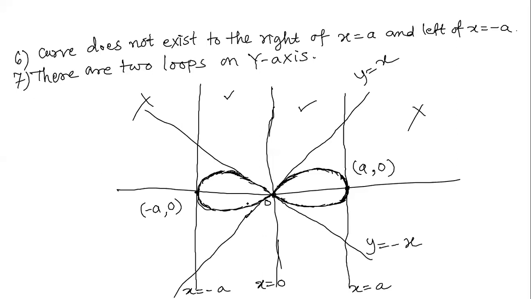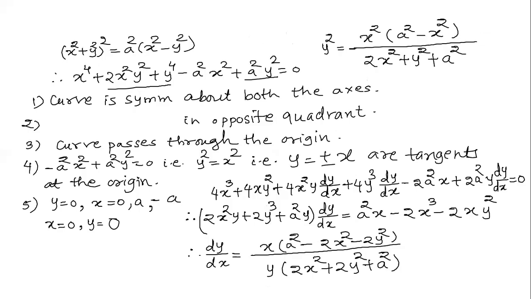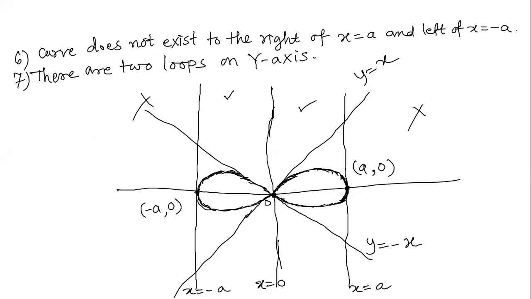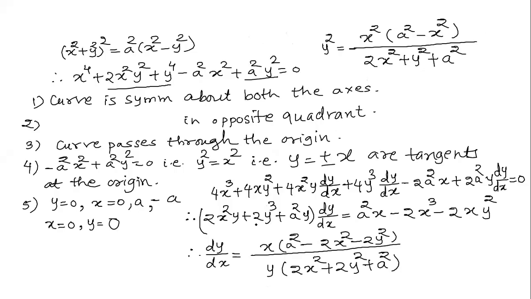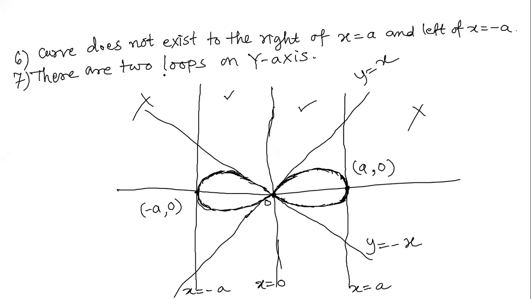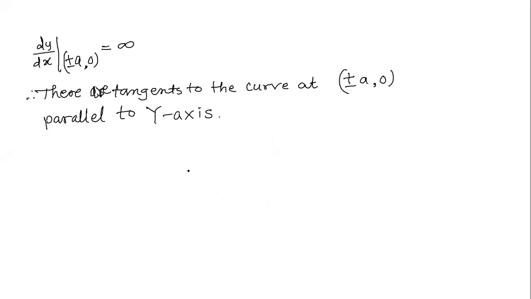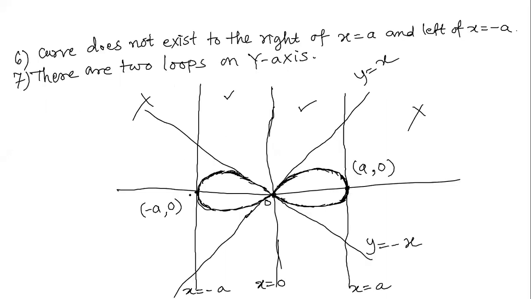आफ्टर दॅट कर्व पासेस थ्रू ओरिजिन. येस, ओरिजिन इज पार्ट ऑफ द कर्व. त्याच्यानंतर y इक्वल टू एक्स, y इक्वल टू मायनस एक्स बोथ आर टँजंट्स ॲट ओरिजिन, ते पण घेतलं आपण. त्यानंतर कर्व डज नॉट एक्झिस्ट टू द राईट ऑफ x equal to a and left of x equal to minus a. There are two loops on y-axis and there are tangents to the curve at plus minus a, 0 parallel to y-axis. ते सुद्धा आपलं satisfy झालेले आहे.